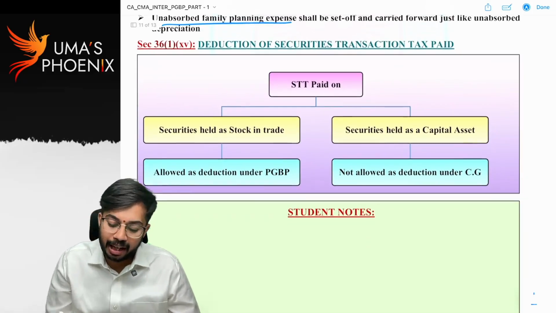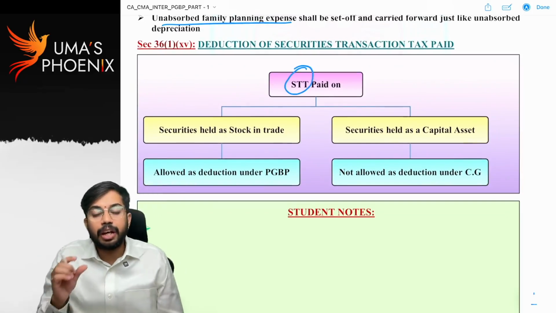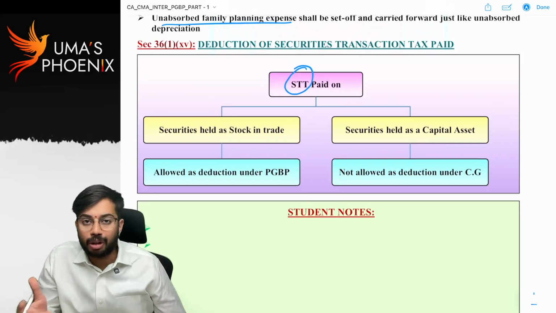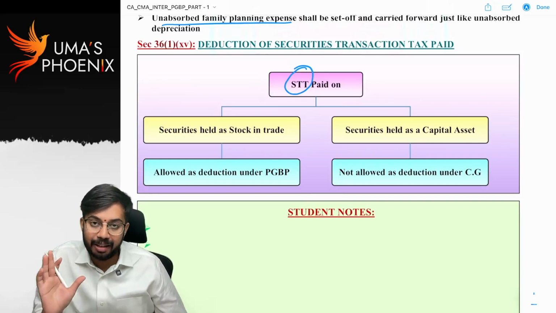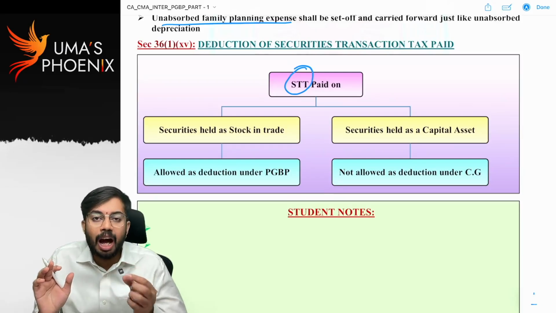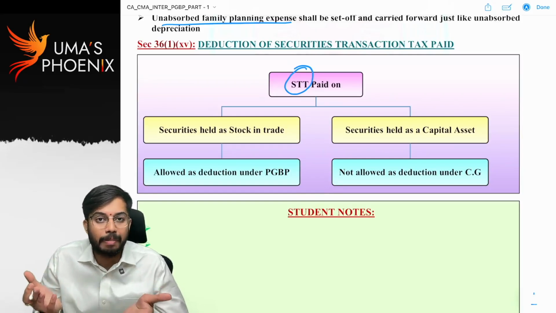Securities transaction tax. See, whenever securities are sold through or transferred through recognized stock exchange, then securities transaction tax will be levied. I am a chartered accountant in practice. I purchased shares. I am holding these shares as capital asset. My main business is not buying and selling of shares.